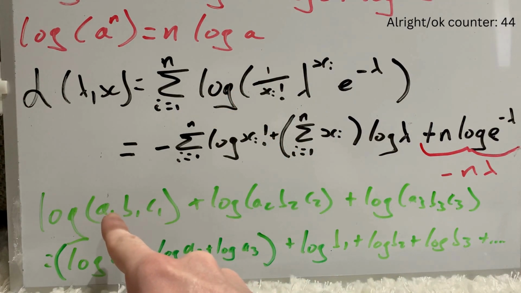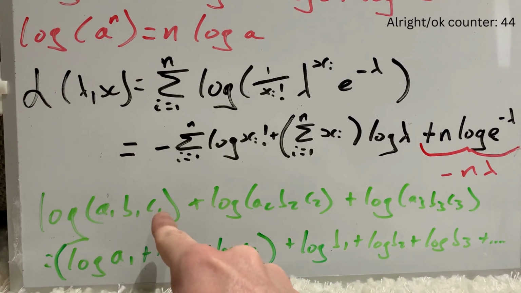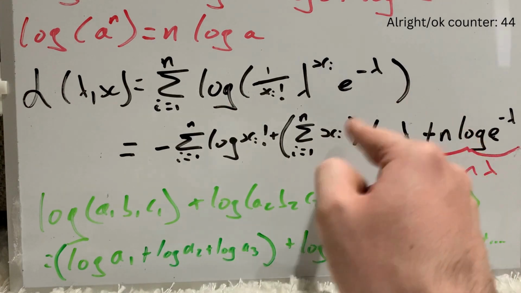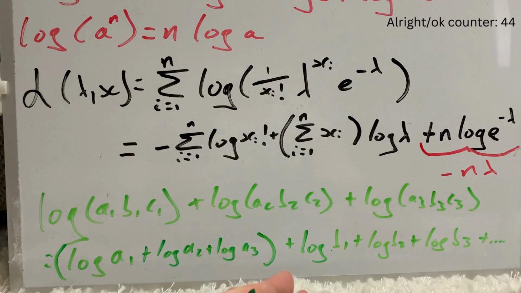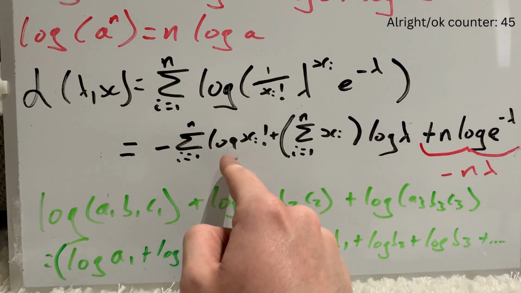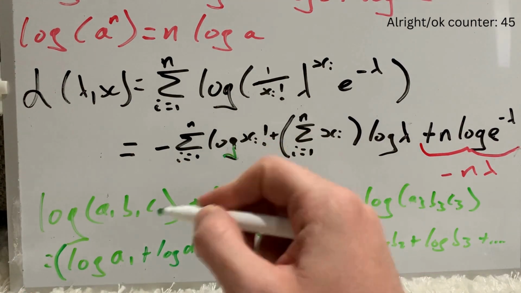Here we split up log A1 plus log B1 plus log C1. We're going to do the same here, and then we're going to do that n times. And then we're grouping them up, A, B, C. Sorry, I just rubbed that out. It's green now.